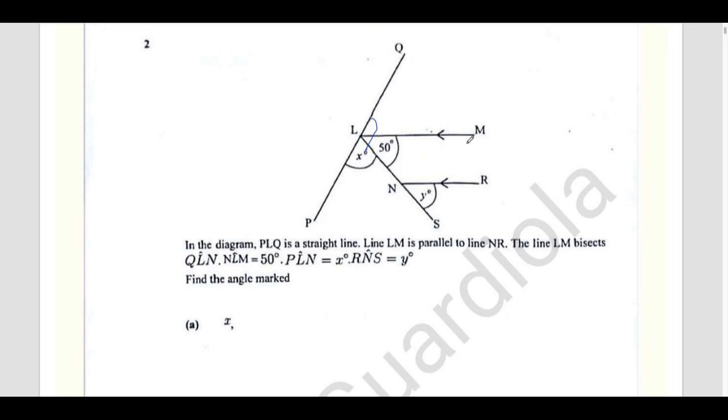Now, this is very important information which you must use to your advantage to solve this problem. You've been told that QLN is an angle which is bisected by LM.